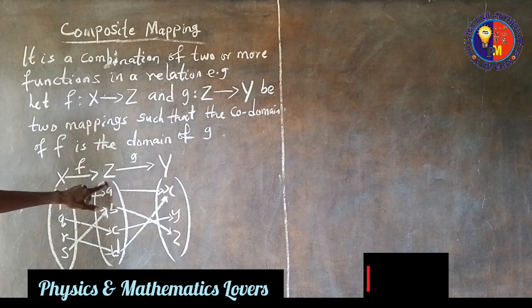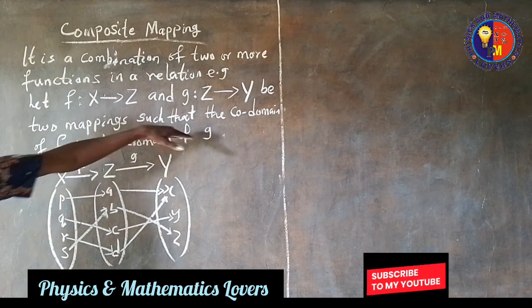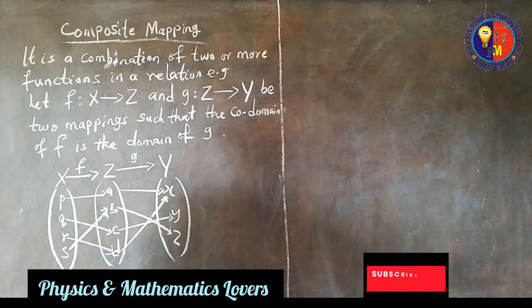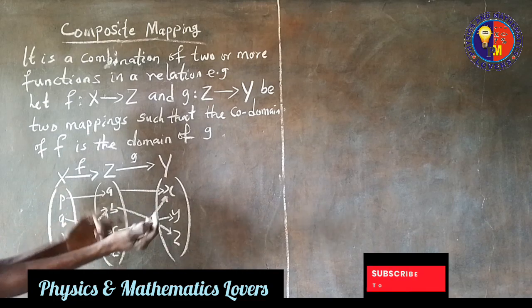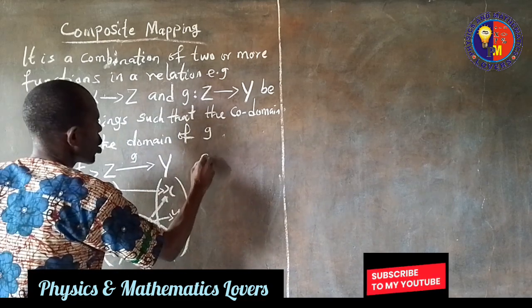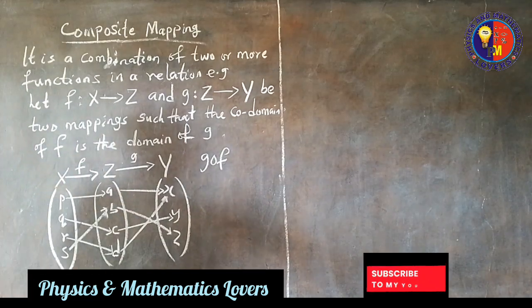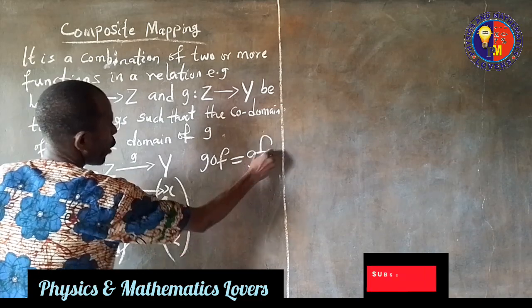In composite mapping, the resulting mapping we are going to have in combining the two of them or more is g o f, or in most cases, you also see gf.